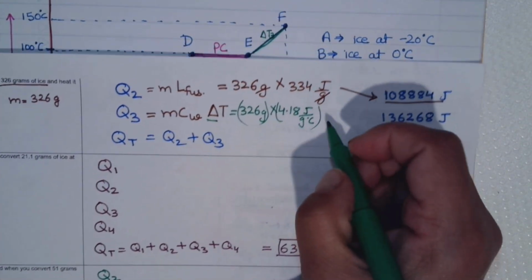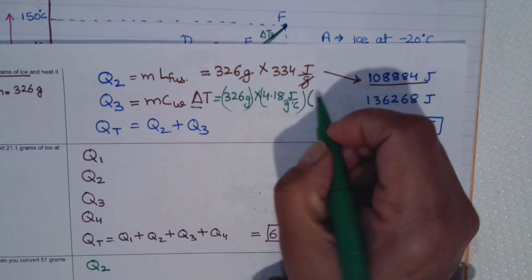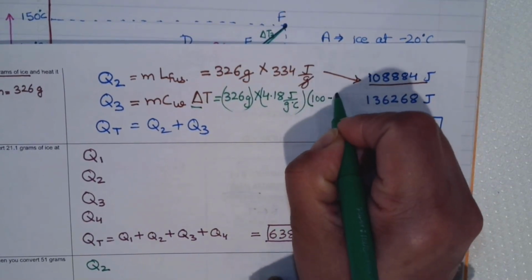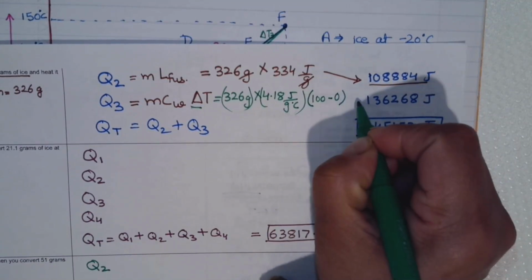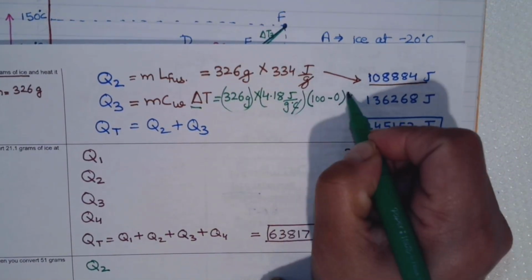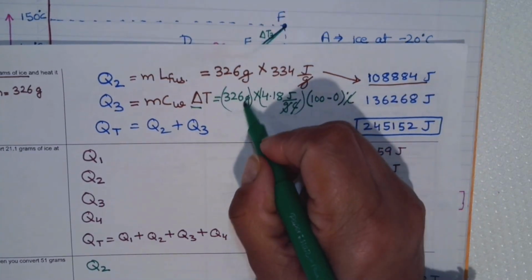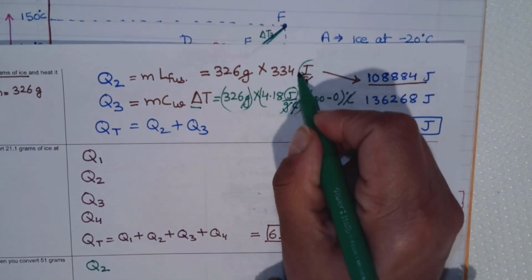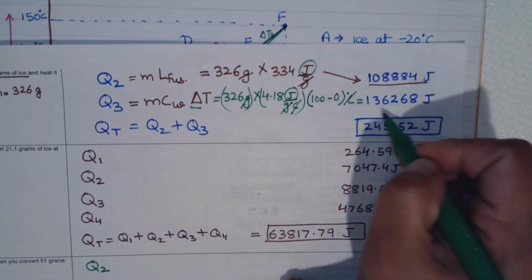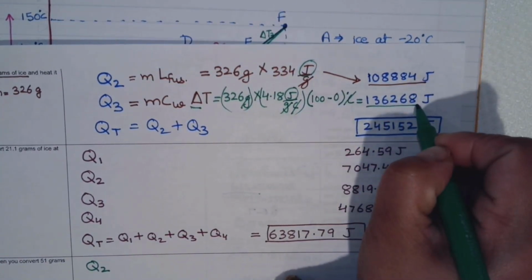So this would be 100 degrees minus 0 degrees Celsius. So you can see Celsius cancels, grams cancel, you get the answer in joules again. So this is equal to this number right here.